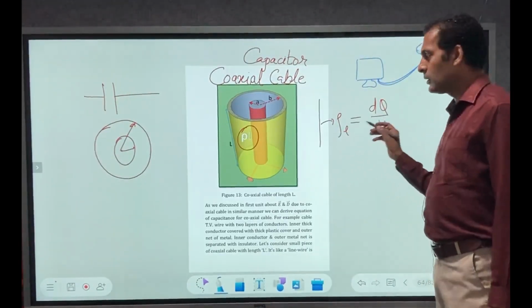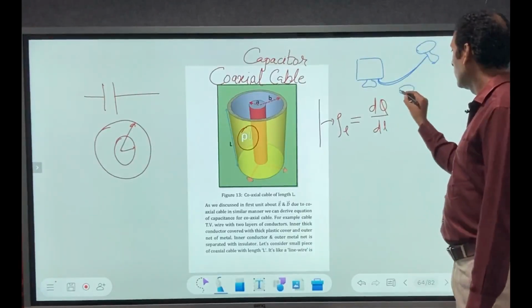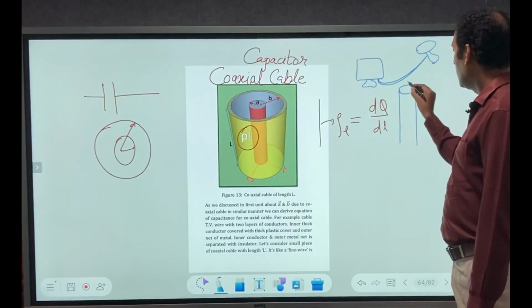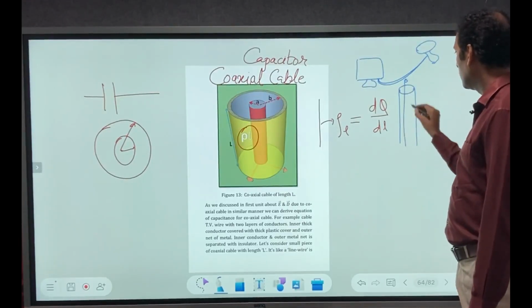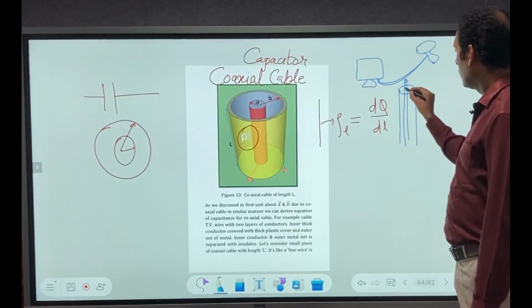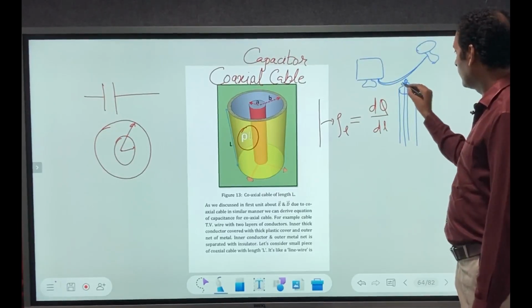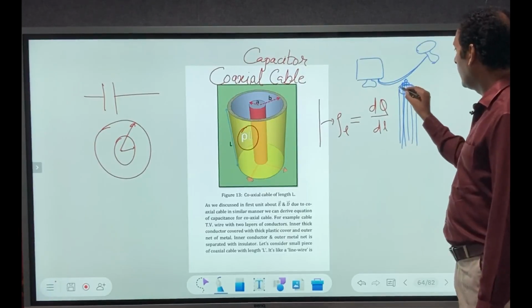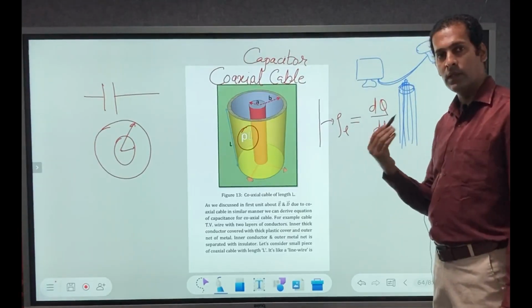There is some thick wire, a black wire usually, and there is one inner conductor, the thick conductor. Outside there is one coating of plastic, and again outside that there is a metallic net.